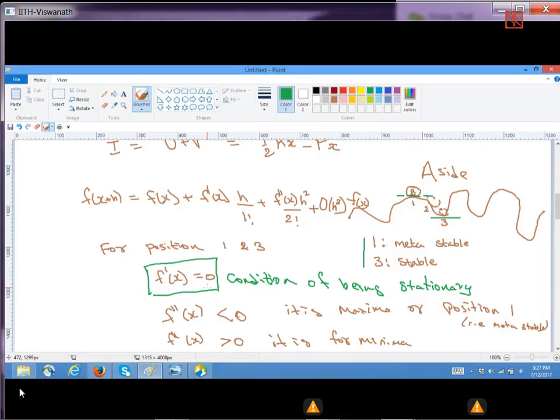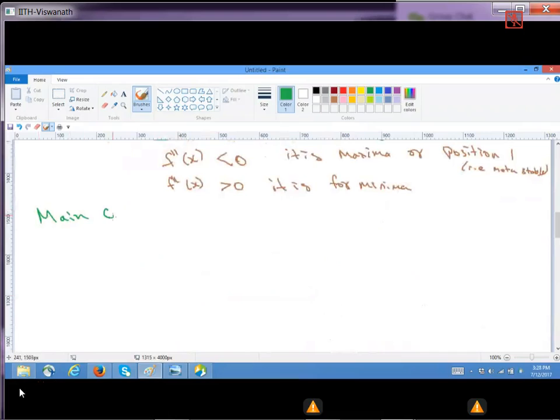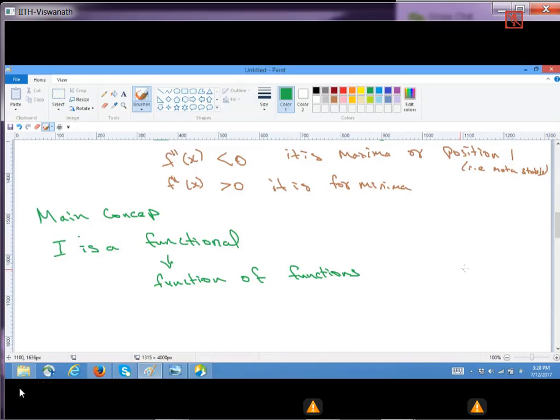Here I is not a function, it is called a functional. A functional is a function of functions, right? So this is what we need to do.